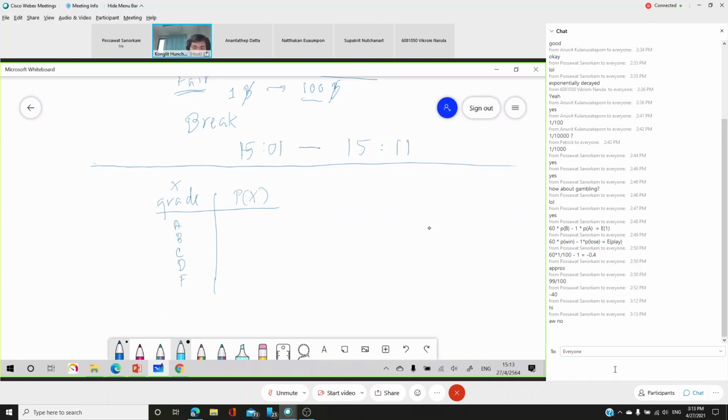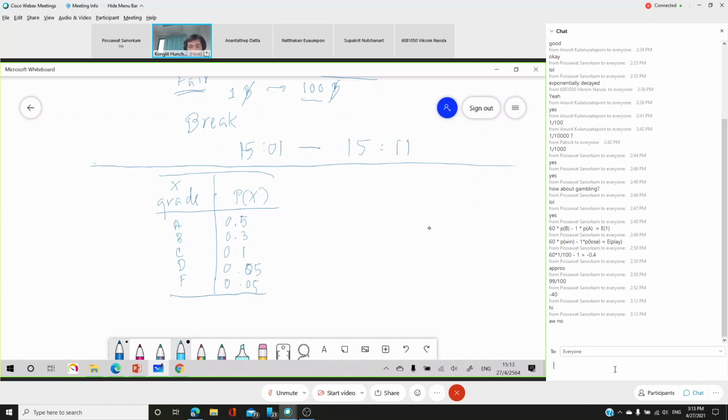Let's assume that a person has a probability of getting A of 50%, 0.5, and the probability of getting B is 30%, and 10%, and this one 5%, F also 5%.